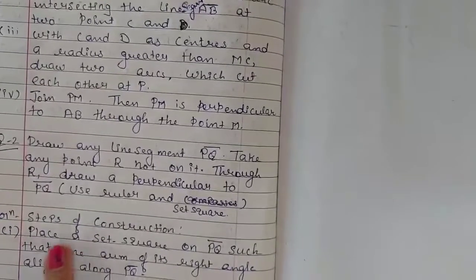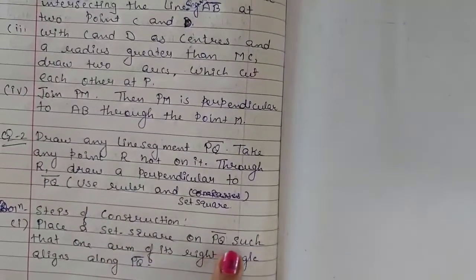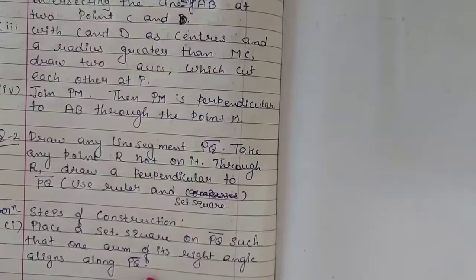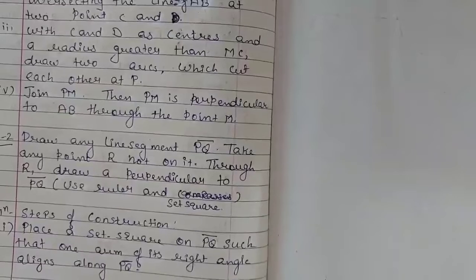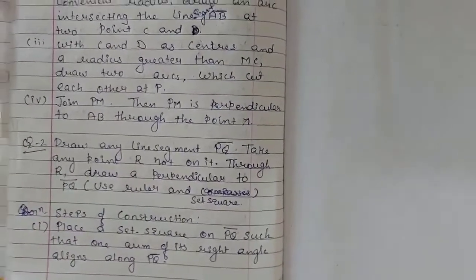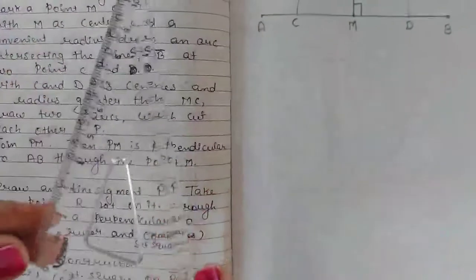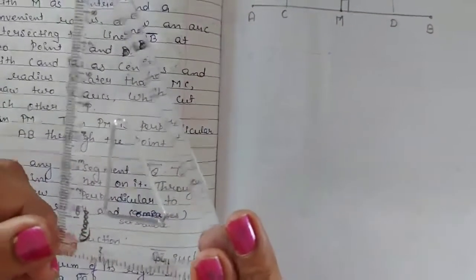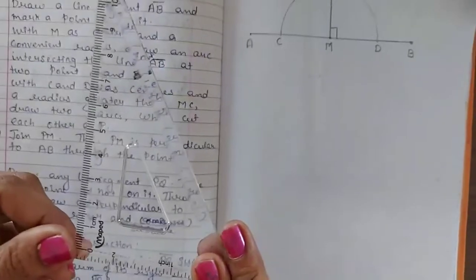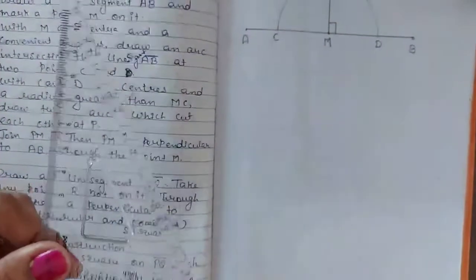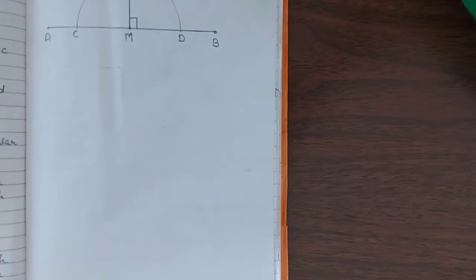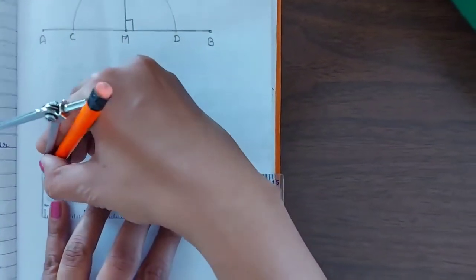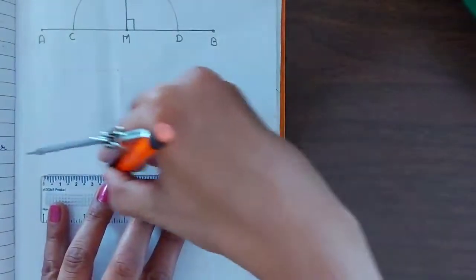1. Place a set square on line segment PQ such that one arm of its right angle aligns along line segment PQ. Students, this is a set square. We have to place this right angle lines at a line segment PQ. So let us draw this. First of all, we have to draw line segment PQ of any measurement.